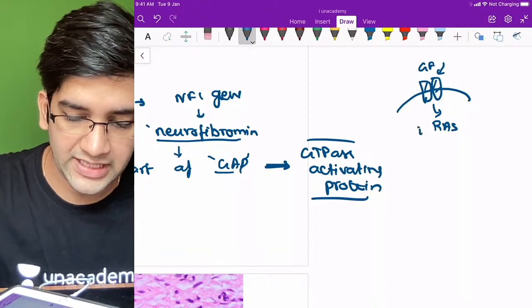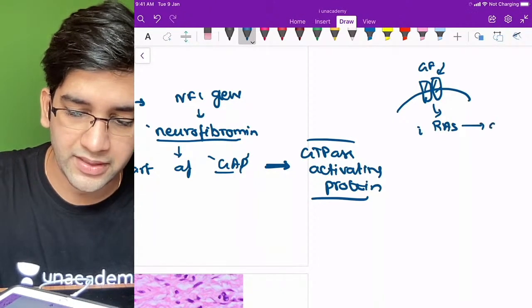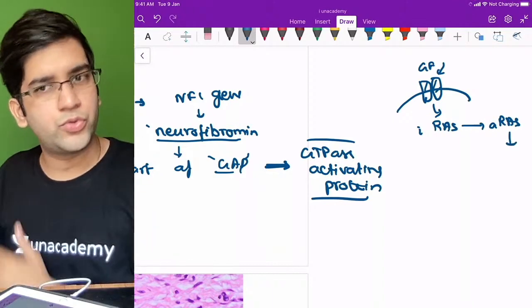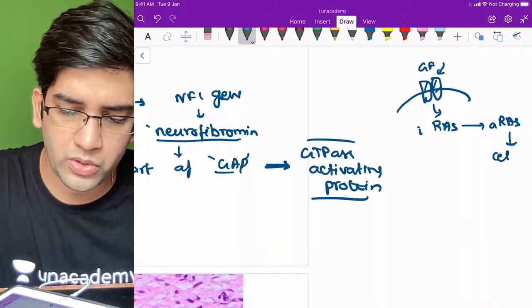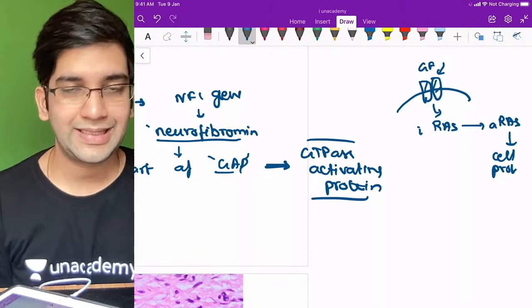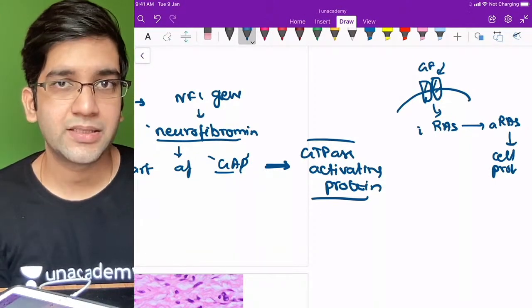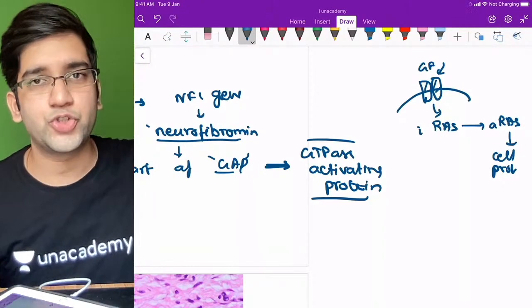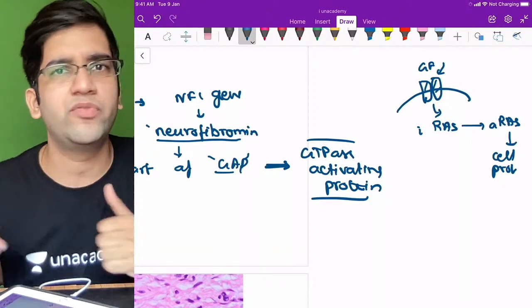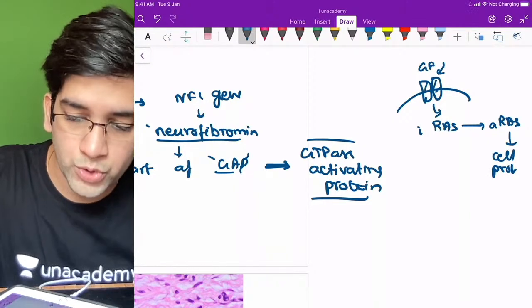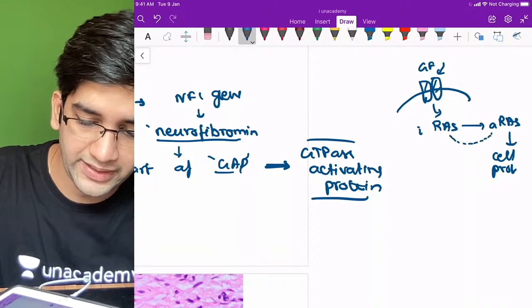It becomes active RAS, which gives the signal to the downstream pathway. If it's cell proliferation, it helps in cell proliferation. That's what it normally does. Let's assume that RAS will be active as long as the receptor is engaged. Let's assume the growth factor is gone. A cell will not always be in the growth phase. So the growth factor goes away, and this active RAS should automatically come back to an inactive RAS.